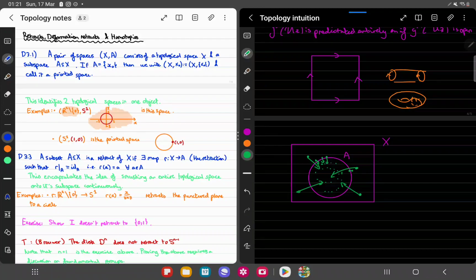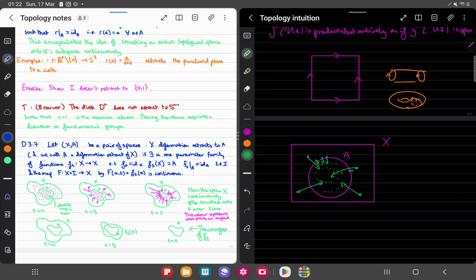So you've got to have a decent picture in your head. Maybe my diagram isn't perfect, but the idea is the image of X is always in A, and everything in A is just an identity map, so it doesn't move anything. It does basically just mean smush the topological space X into A.